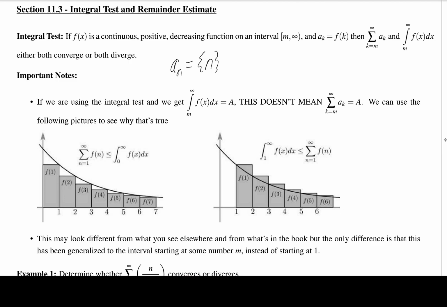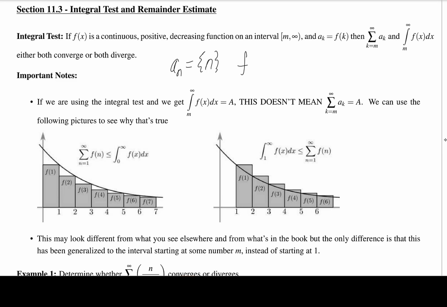And then I want a function that models that sequence. So for this, I would do f of x equals x. Because if I plug in 2, I would get f of 2 equals 2, and that's what the second term of the sequence should be.